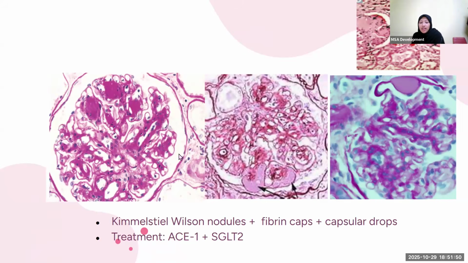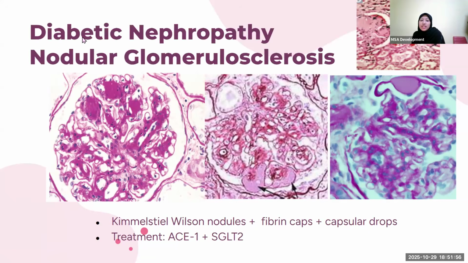That is called nodular glomerulosclerosis. So that is the last stage of diabetic nephropathy, nodular. And it has a specific name called Kimmelstiel-Wilson nodules. This is specific. If you see this, it's immediately diabetic nephropathy, okay?